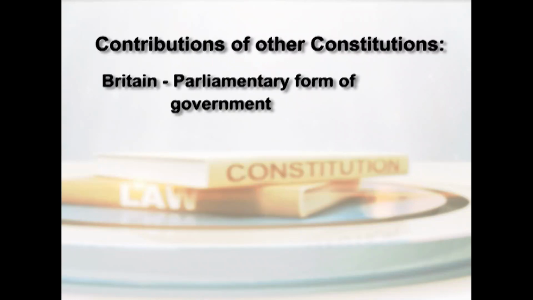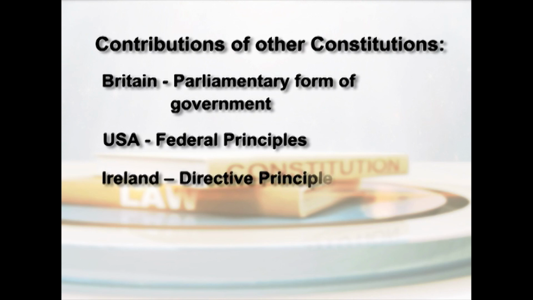From Britain, it adopted parliamentary form of government, rule of law, role of the speaker, etc. From USA, it got federal principles, due process of law, independence of the judiciary, etc. We have got our directive principles from Irish Constitution.